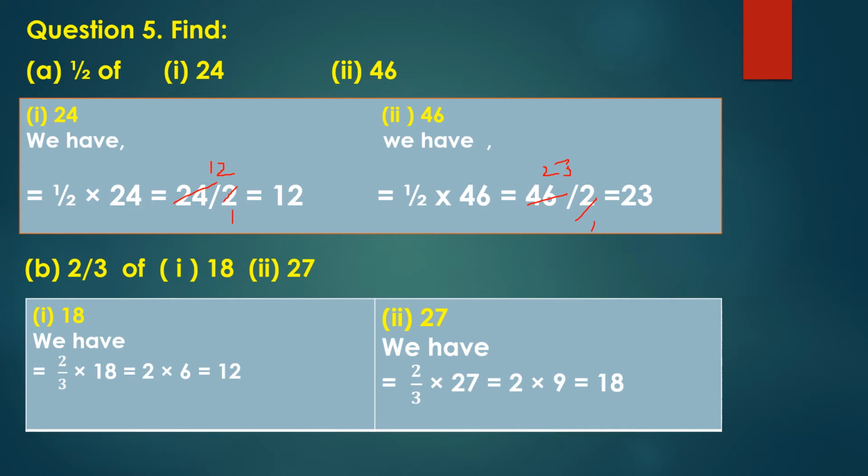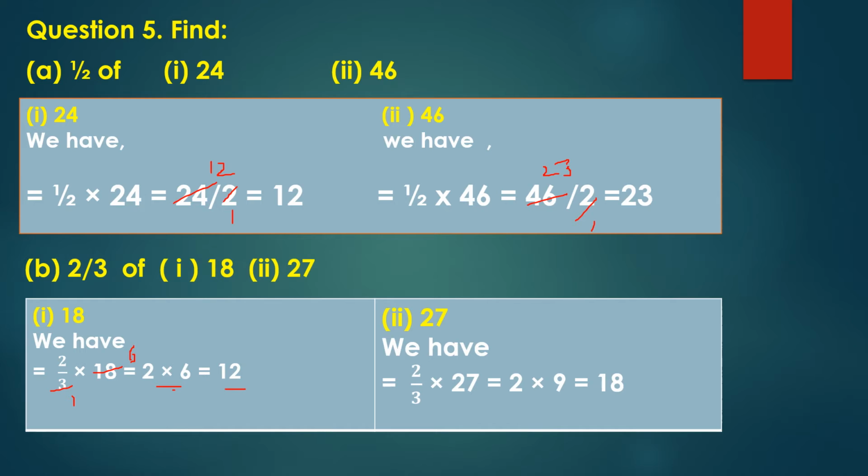Consider 18. So 2 by 3 of, I mean 2 by 3 into 18. We can cancel here itself if required. Therefore 3 sixes are 18. Therefore 2 into 6 is 12. So 12 is the answer for question number 1 under B.